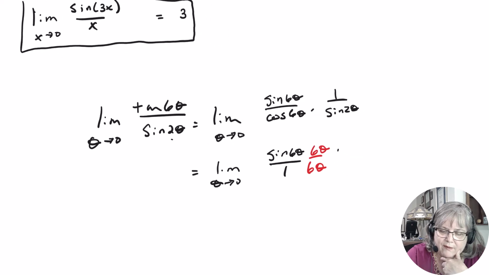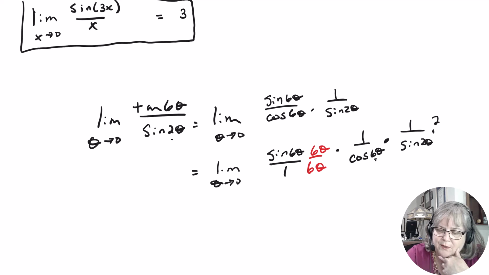Then we have 1 over cosine of 6 theta. And cosine of 6 theta, if theta is 0, then cosine of 0 is 1. So we're good with that one. Don't have to do anything with that. And we have 1 over sine of 2 theta. And this is going to be multiplied by, we want 2 theta up here over 2 theta here.